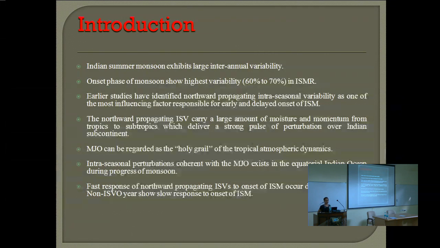Fast response of northward propagating intraseasonal variabilities to onset of ISM occurs during years that we define as ISVO years, and non-ISVO years are those years in which there is no significant contribution of this intraseasonal variability to the onset of Indian summer monsoon.